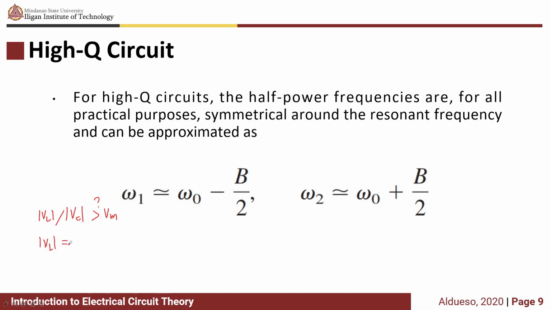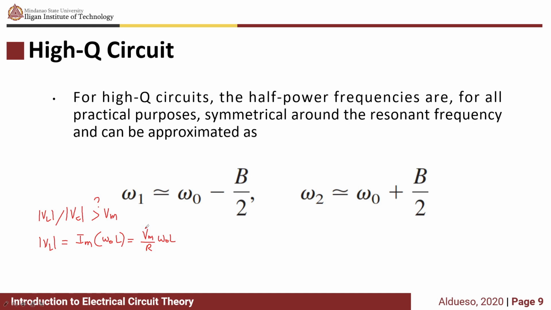The magnitude of VL is just equivalent to Im, the current across the inductor, times the reactance of the inductor. The reactance of the inductor is omega naught times L. Our Im can be expressed as Vm over R.